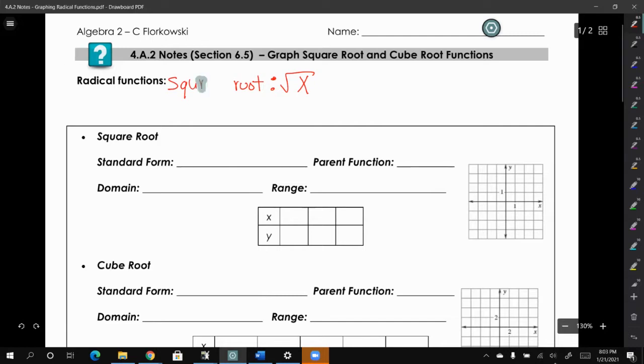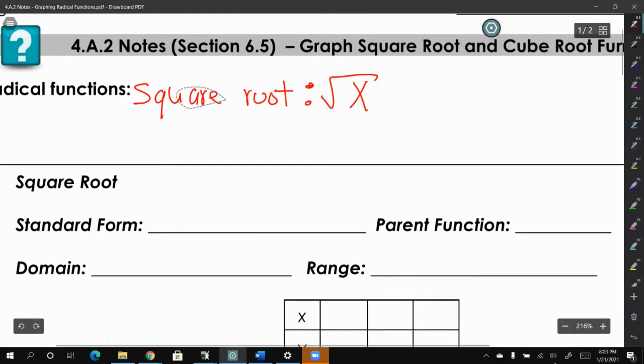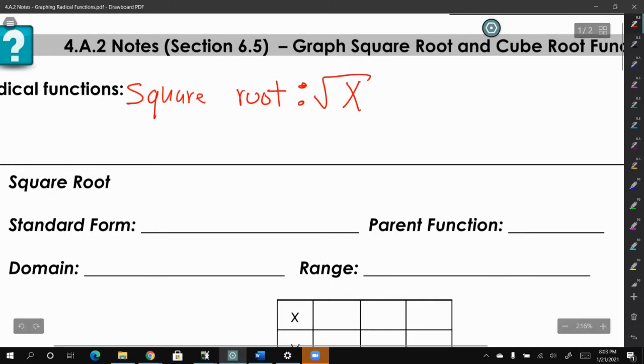We are going to have our a, h, and k like we've had in previous functions, like our quadratics. So that is something that we will add later. But the most basic square root function is just the square root of x.